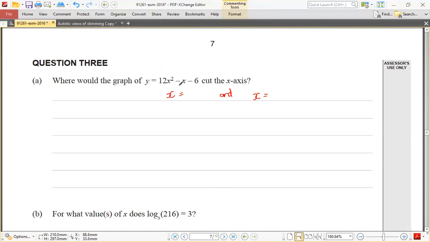What does it say? -0.75, -0.67. Yep. So 0.6 is recurring, it's going to be negative 2/3.